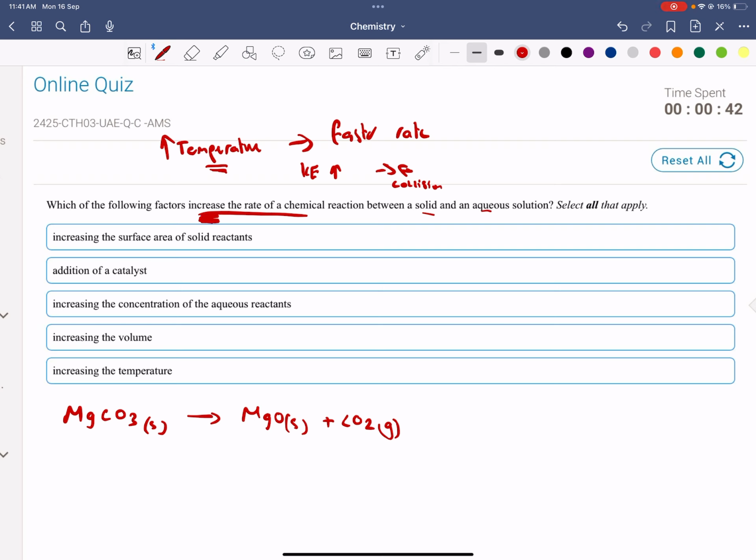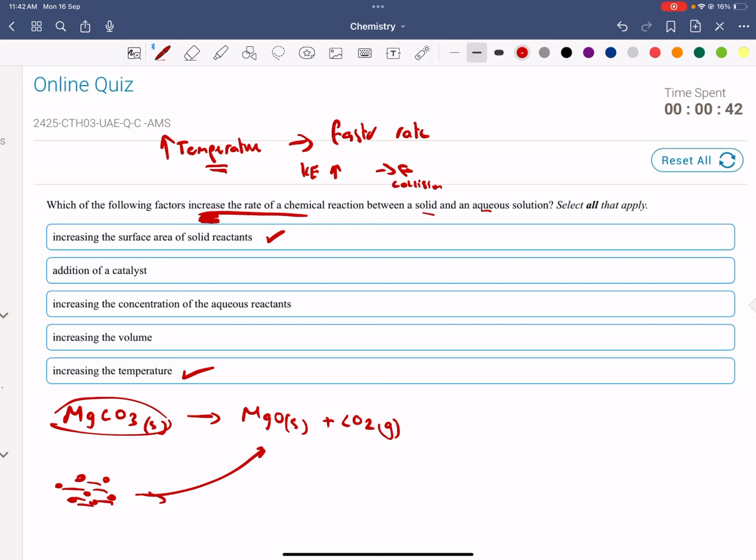So increasing the temperature is one of the options. Now, increasing the surface area of solid reactants. Of course, if I increase the surface area, they're going to be smaller particles, so they're more likely to bump into each other, which will also increase the rate of reaction.